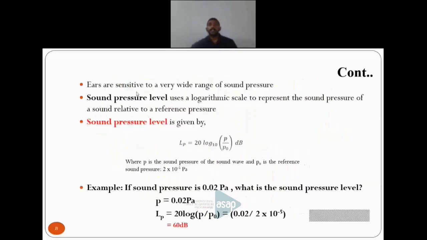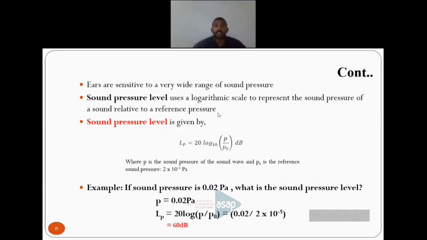That measured pressure cannot be directly related to our ears. For ease, we convert it into a sound pressure level, which is on a logarithmic scale relative to a reference pressure.